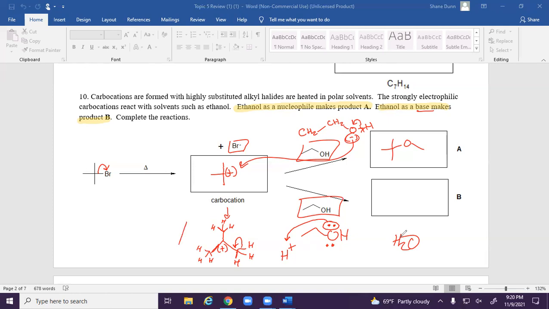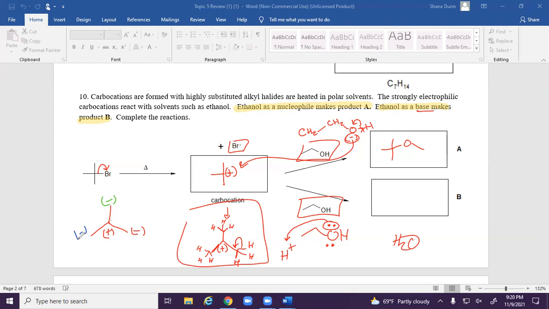So what this guy right here becomes is this. There's a positive charge here with a negative charge on that carbon, and or this carbon. It doesn't matter if you chose red, green, or blue, they are all the same thing, right? But now I have a negative charge and a positive charge.